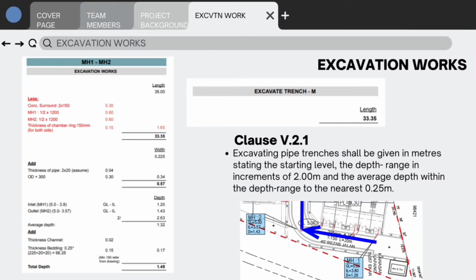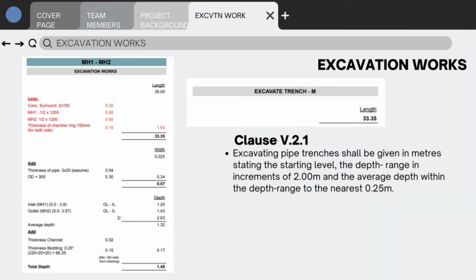Excavating pipe trenches shall be given in meter, stating the starting level, the depth range in increment of 2 meter, and the average depth within the depth range to the nearest 0.25 meter. Point number 2. Trenches to receive pipe not exceeding 200 mm nominal size may be grouped together and so described. Trenches to receive pipe exceeding 200 mm nominal size shall be given separately, stating the size of the pipe.